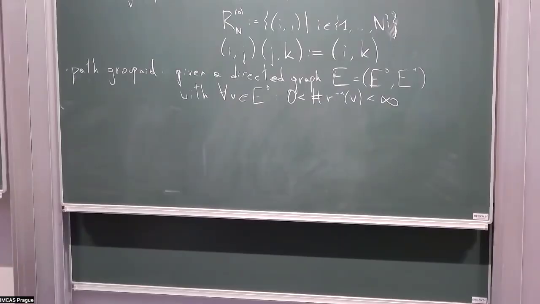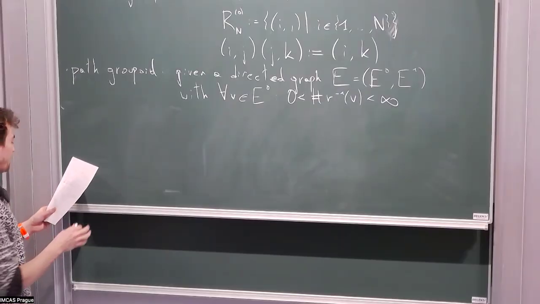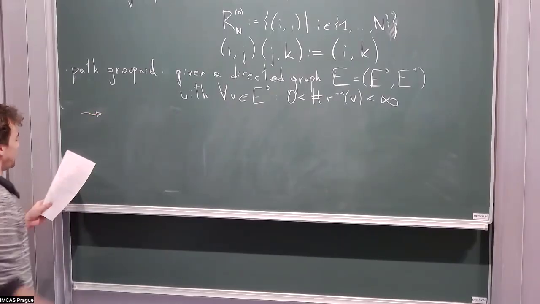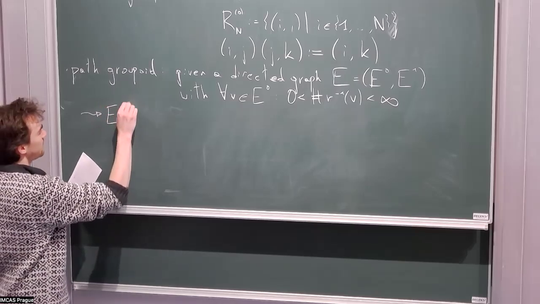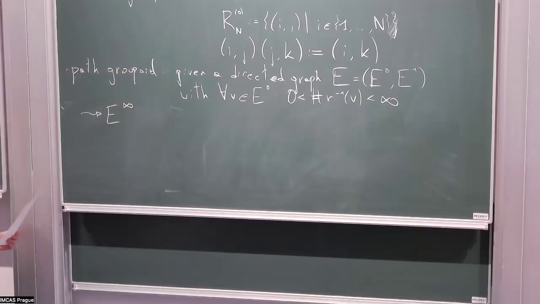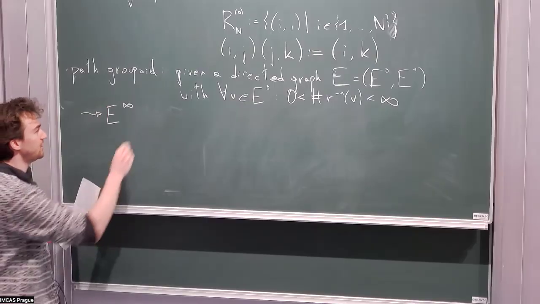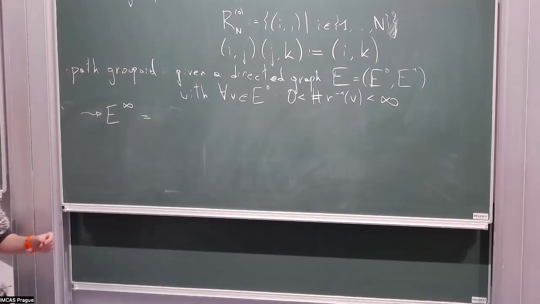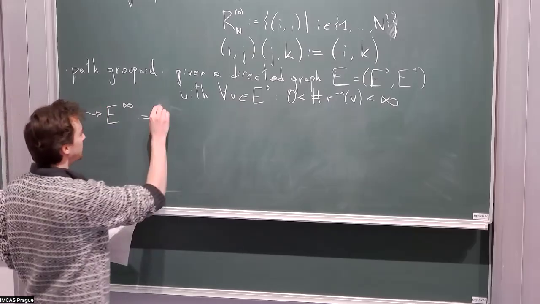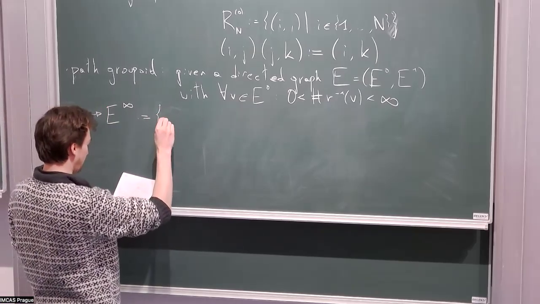And from such a graph, we can consider the set of paths which are infinite in one direction, in the sense that you start at a certain point in the graph and you just go on forever. So let me note that as such.